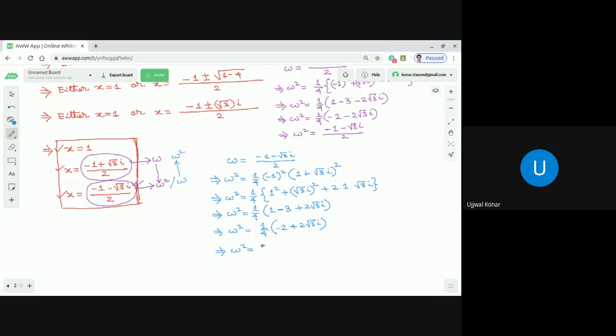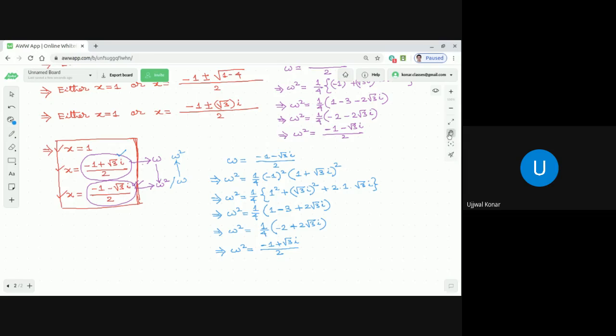Then you get minus 1 plus root 3 into i by 2. And that's what I have shown you here. So that means there is no very concrete rule that you need to choose omega is equal to minus 1 plus root 3 i by 2, or omega is equal to minus 1 minus root 3 i by 2. But the point is that if you choose one as omega, the other becomes omega square.